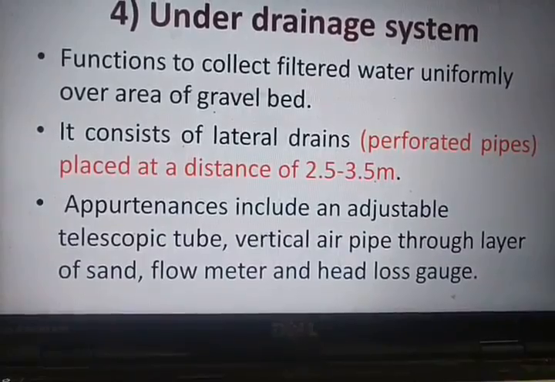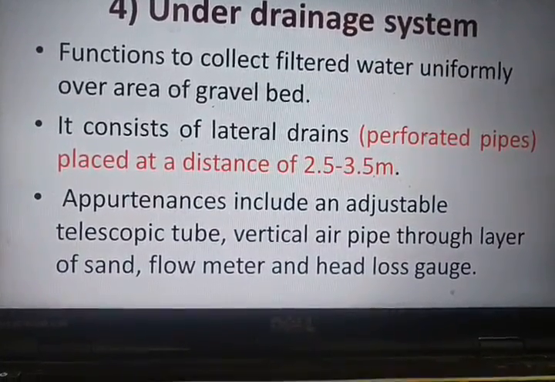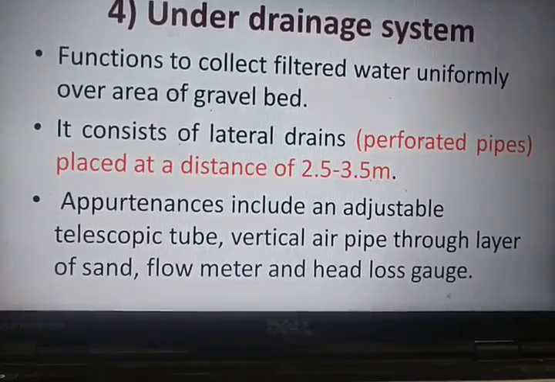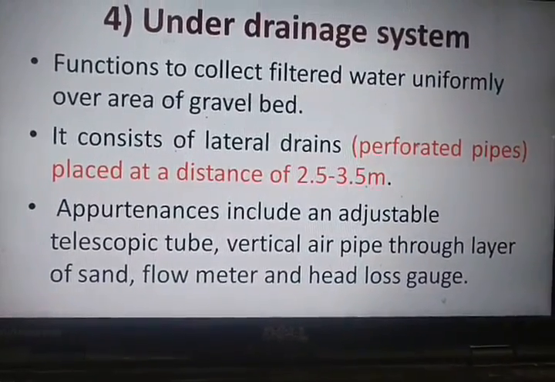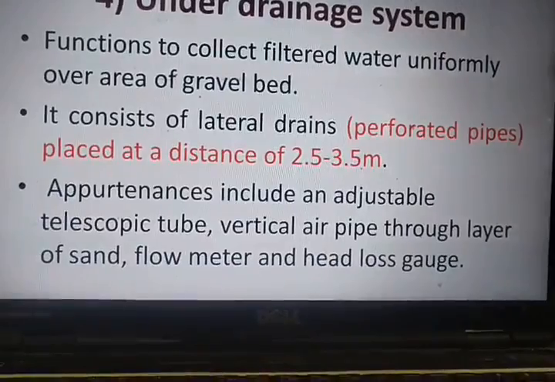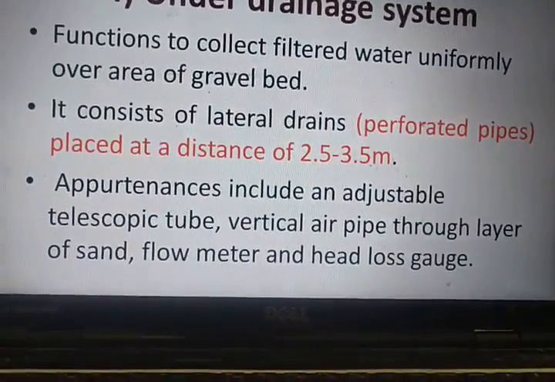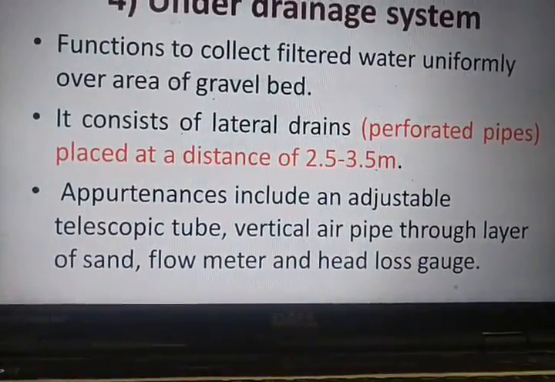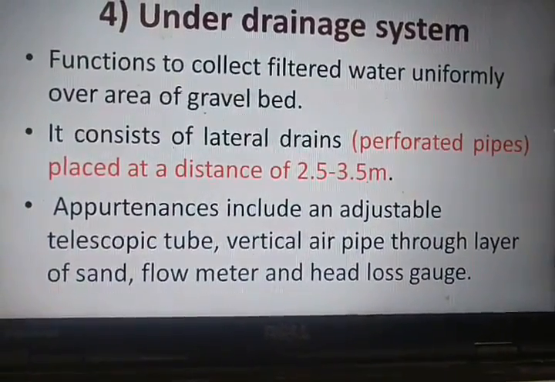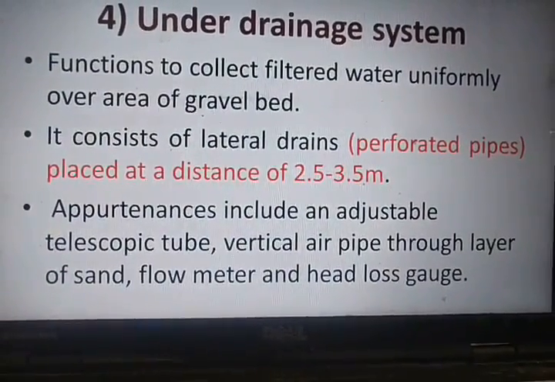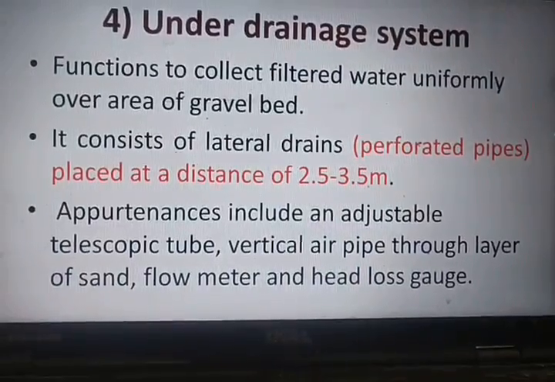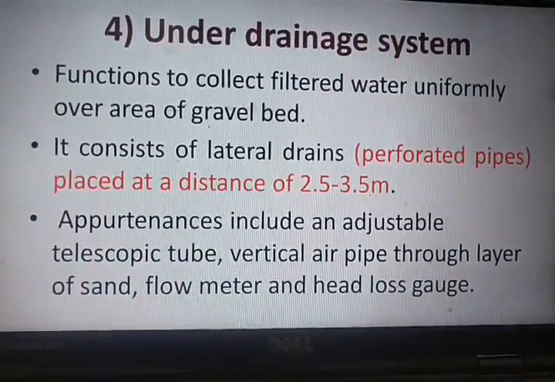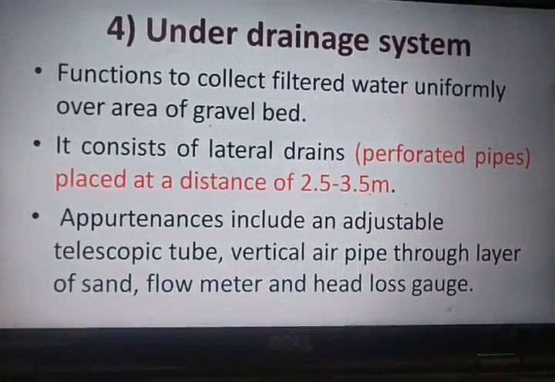Then it also contains some adjustable telescopic tubes, vertical air pipe through air layer of sand, flow meters and head loss gauges. These flow meters and others are used to monitor the treatment plants. This helps in measuring the loss in head and also gives hints for the backwashing process.